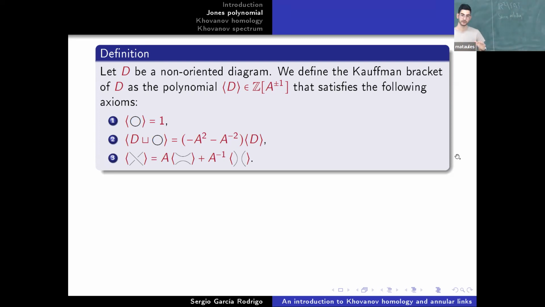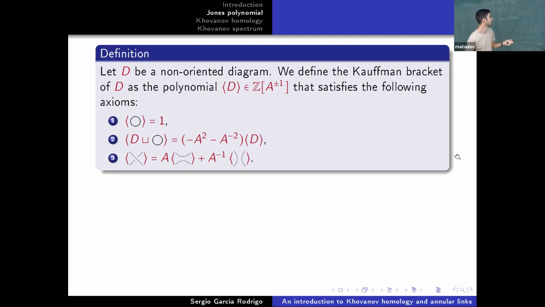This skein relation relates three diagrams that are exactly the same, except in a small neighborhood where they differ as the pictures show. Okay, so you can imagine that this is part of a huge diagram, maybe with a lot of crossings, whatever. But locally, it looks like this.